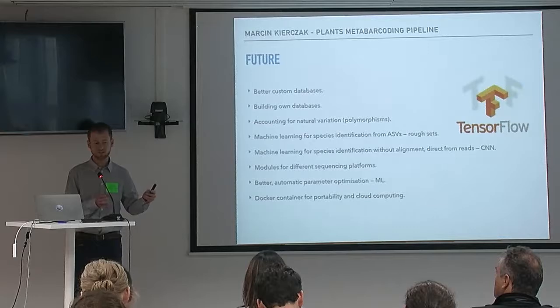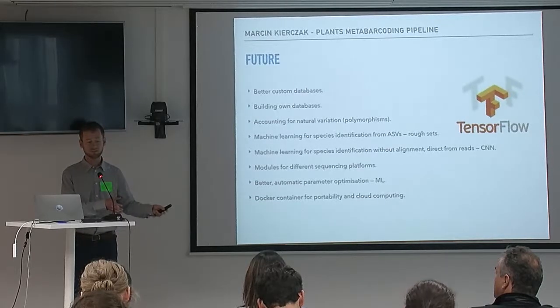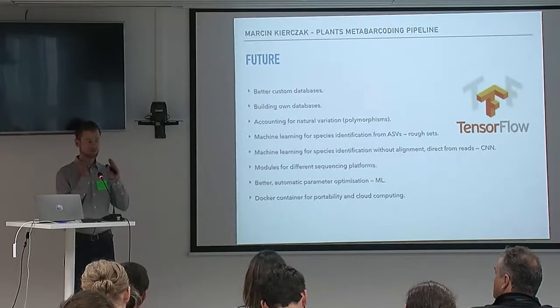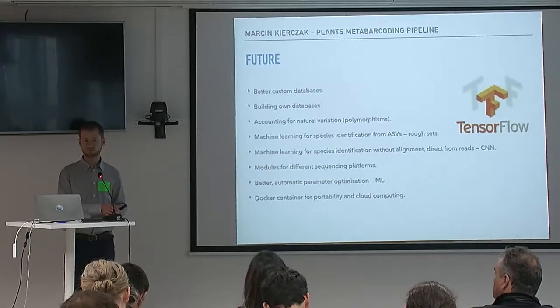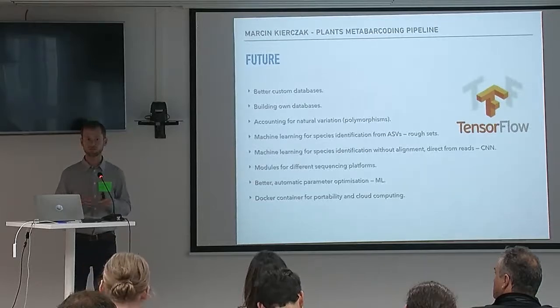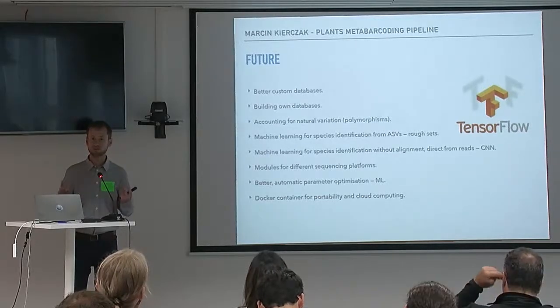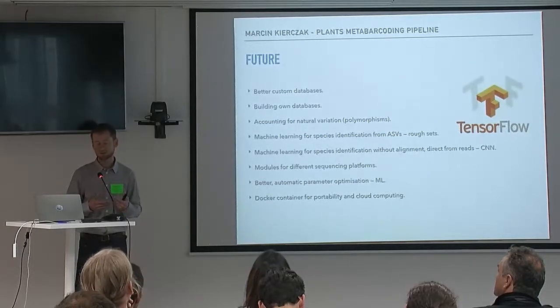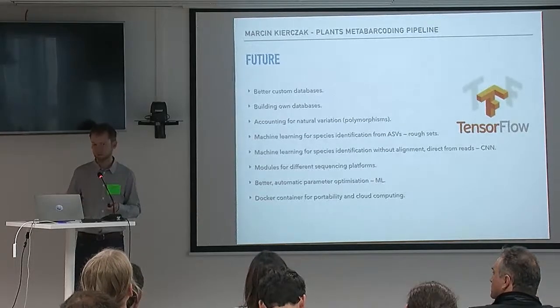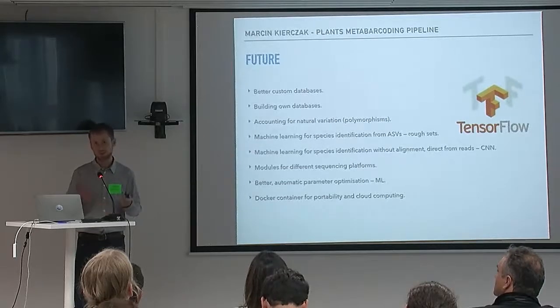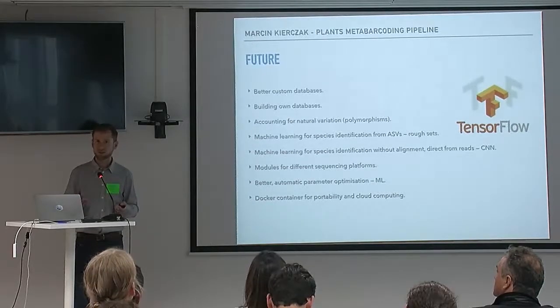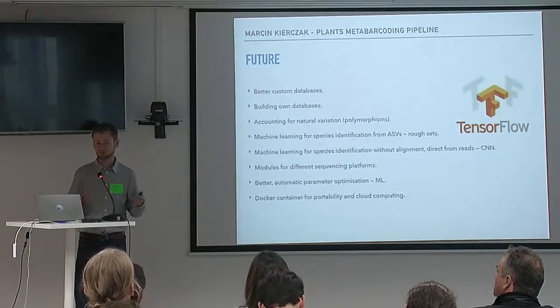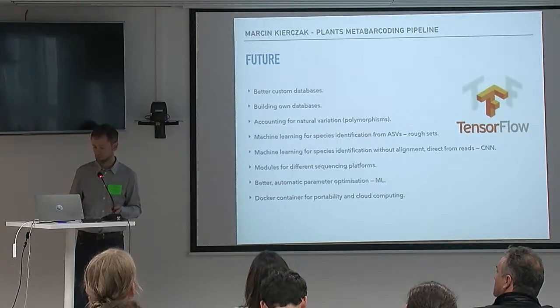So basically, you teach the neural network on your reference database, and then you feed it with your reads, and then it identifies everything based on features that we have no idea about because it works like a black box. But given enough examples, people claim that it works really well. It works really well for image recognition. I'm not that sure about sequences, but so far it seems to be promising. So maybe a way to go and test this.